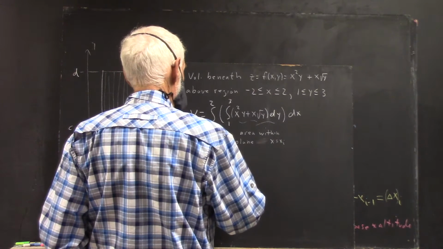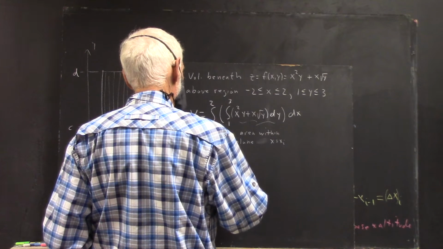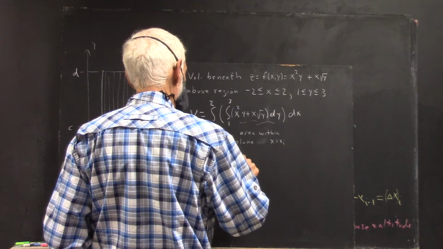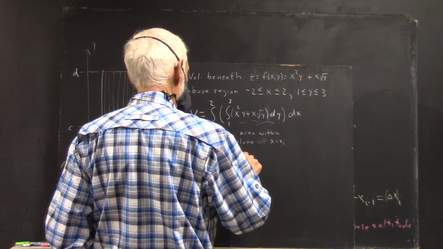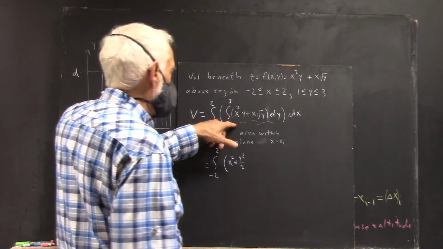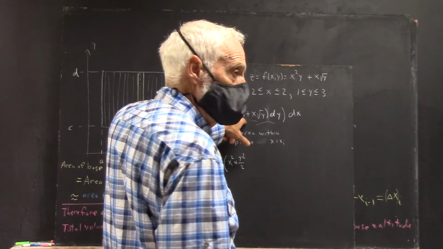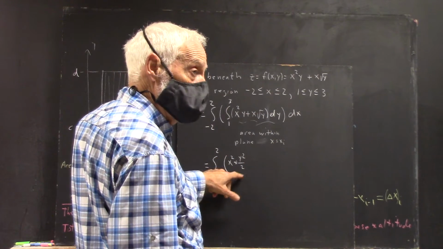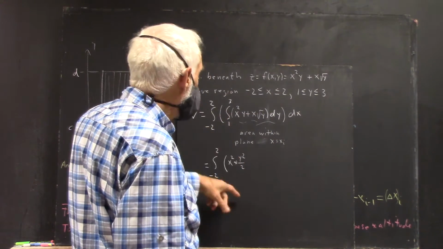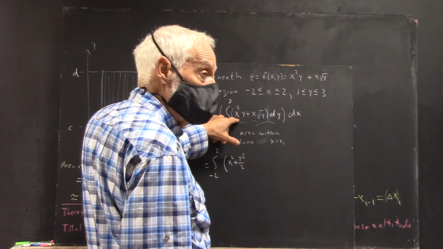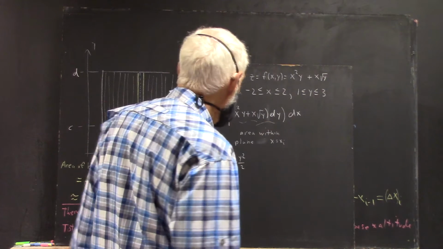So what we're going to get is the integral of x squared y, and the antiderivative of x squared y with respect to y is x squared times y squared over 2. Because if we take the y partial derivative of this, we're going to get back to xy.